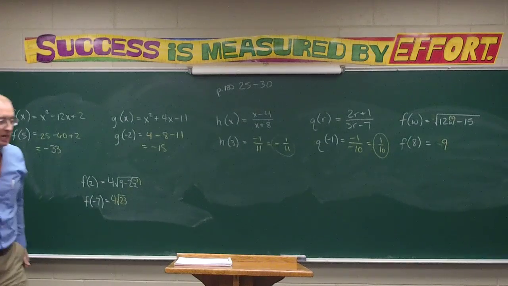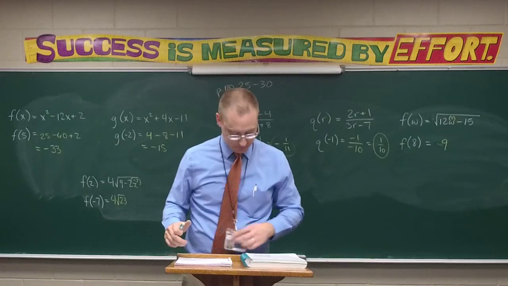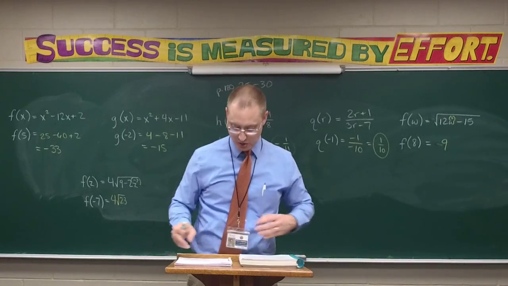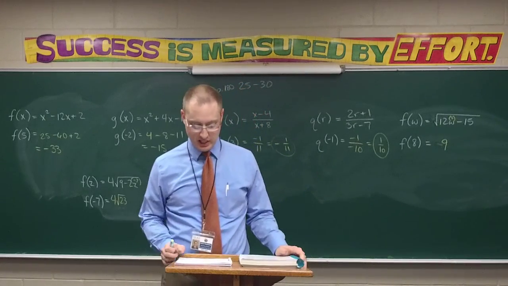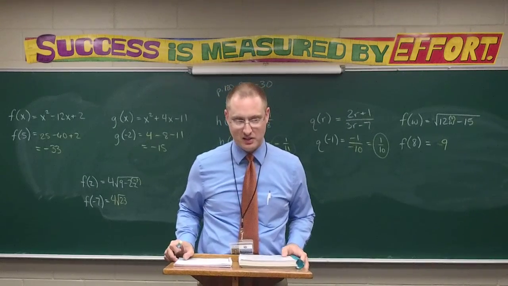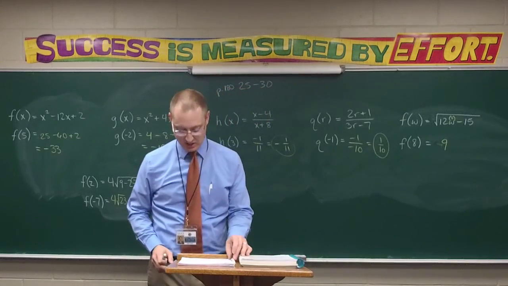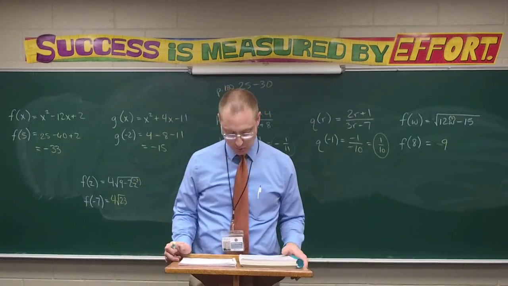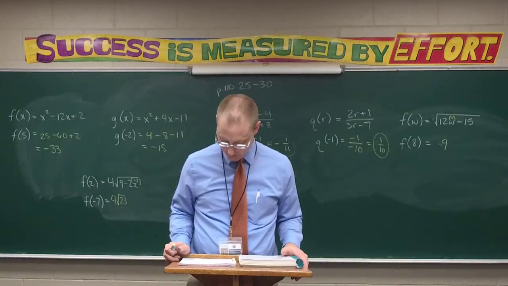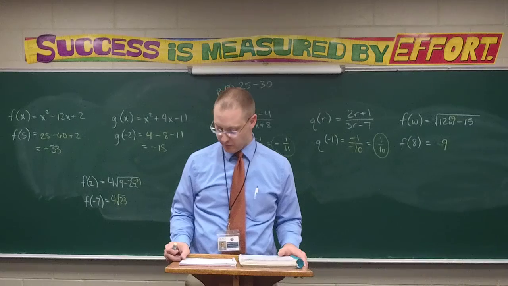All right, homework for the weekend. Read pages 181 to 186, so that when I teach it to you on Monday, it's not the first time you've seen it. On page 187, do numbers 1, 3, and 5.